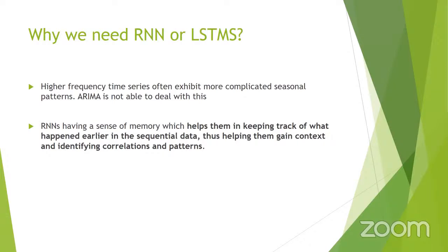Now, first question, how is RNN different from ANN? As I told you when we started this session, your ANN will deal with simple data, right? And RNN will deal with sequential data, right? So how will RNN deal with sequential data? RNN has a sense of memory, in a similar way to how human beings have a sense of memory. Using that sense of memory, it will remember that something has happened several time steps before.